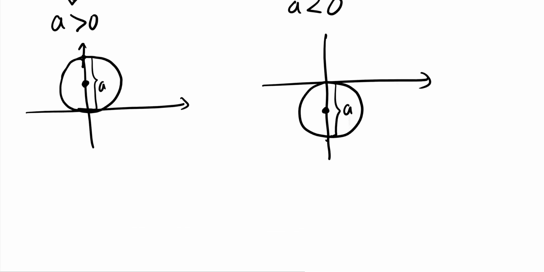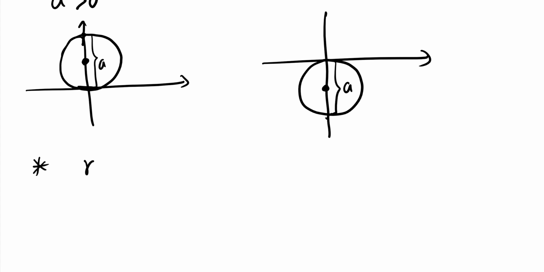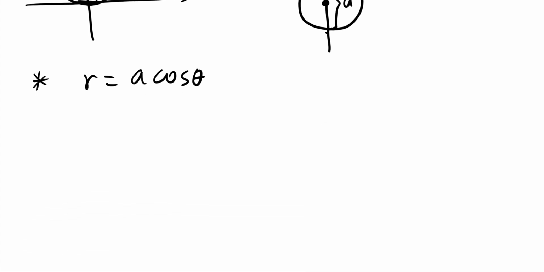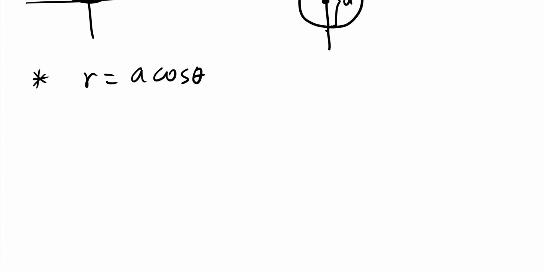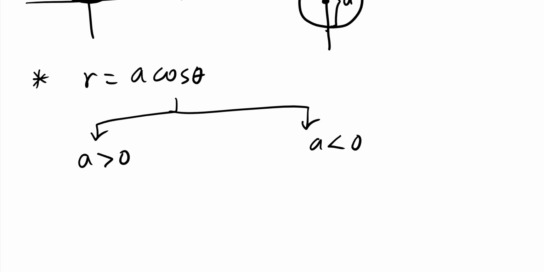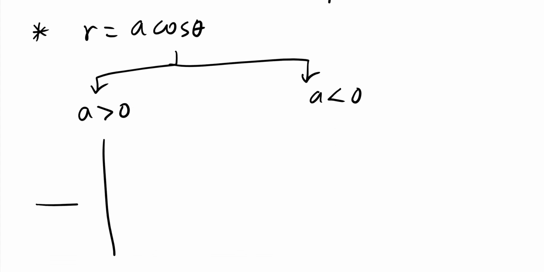So if I want to look at r equals a cosine theta, how does that look? Well, there are two cases again. If a is positive or a is negative. If a is positive in the cosine case, and this is only cosine theta, not 2 theta or 3 theta, since everyone has a different shape, this one is going to be also a circle in the right half plane.